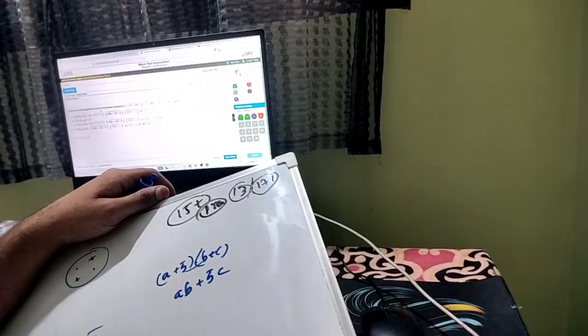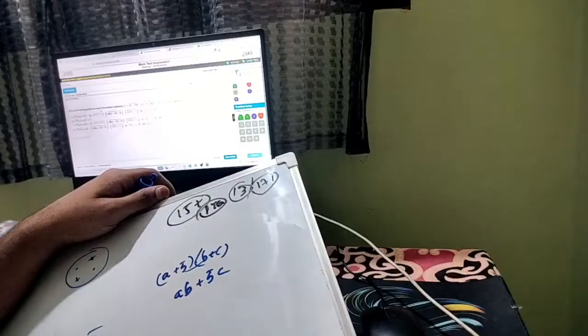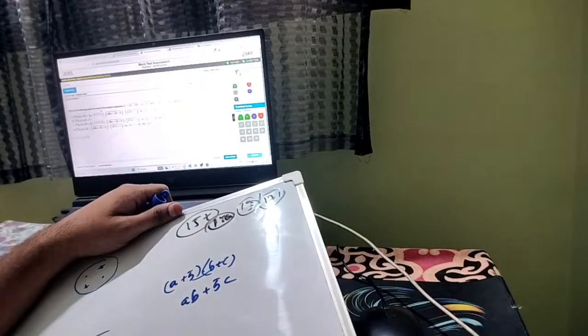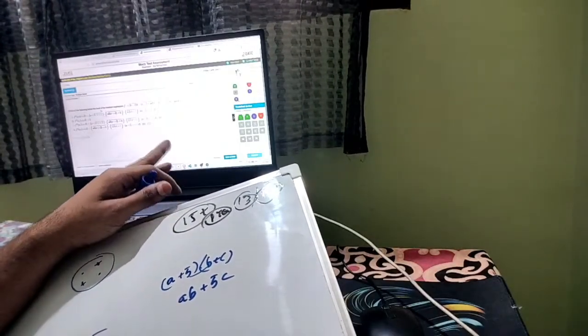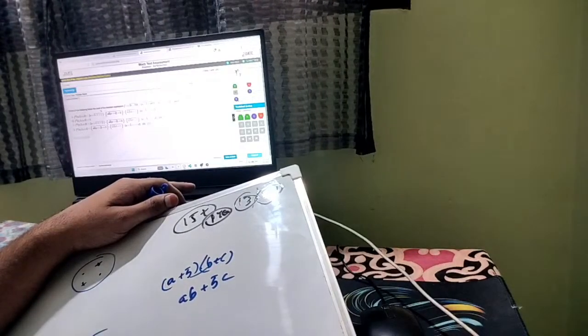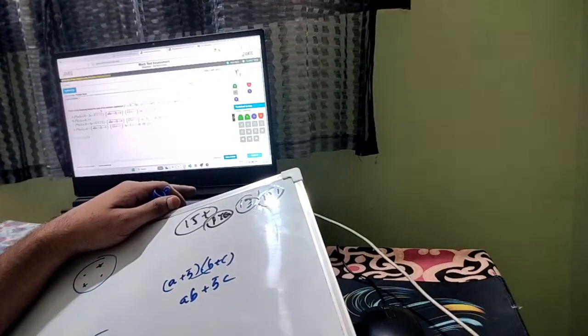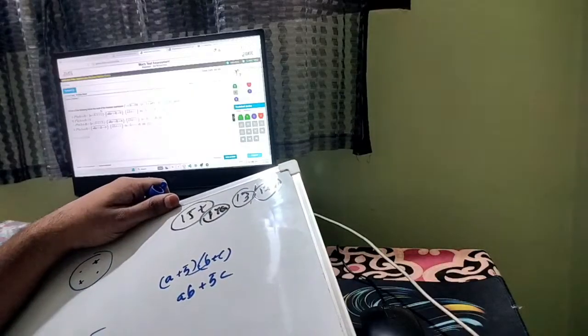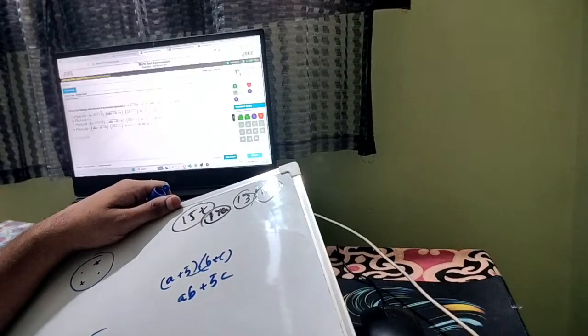No, A. It's very tricky. Not tricky, but it is a question. So if we consider the third term, it will become A bar.